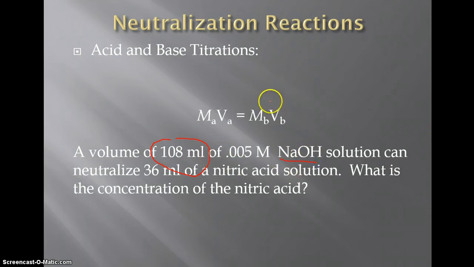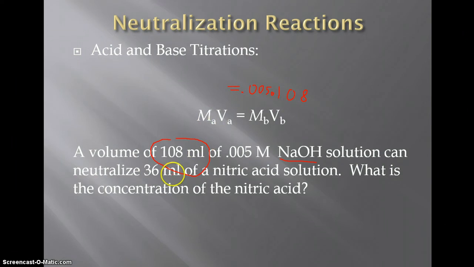And so if I'm looking at that, I'm going to put 108 over here. And that's going to be times my molarity of my base, okay, which in this case is 0.005.